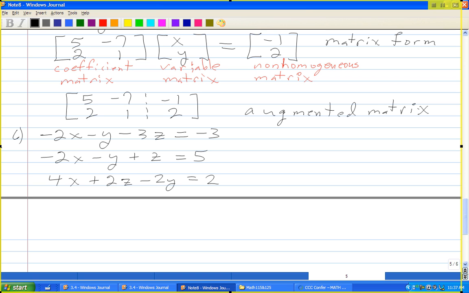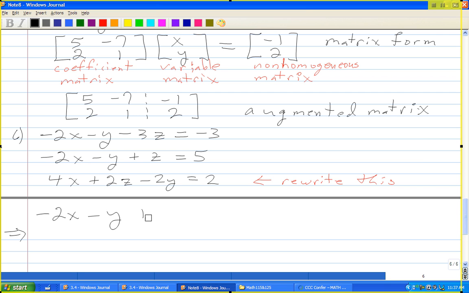Now, the only thing you notice here is that in this case, I have x, z, then y. But in all the other cases, x, y, z. So I have to rewrite this. So let me rewrite the whole system. So negative 2x minus y minus 3z equals negative 3.